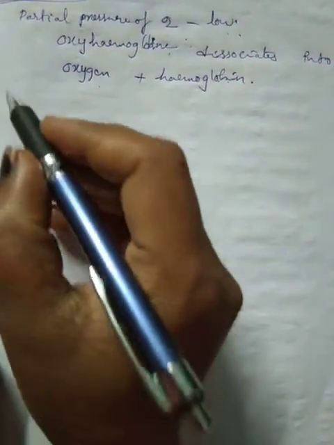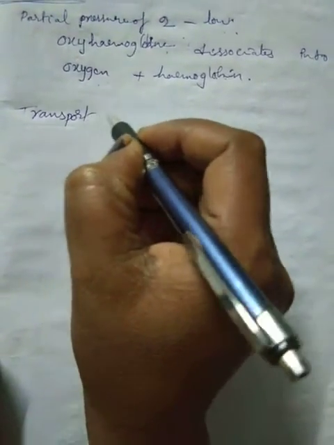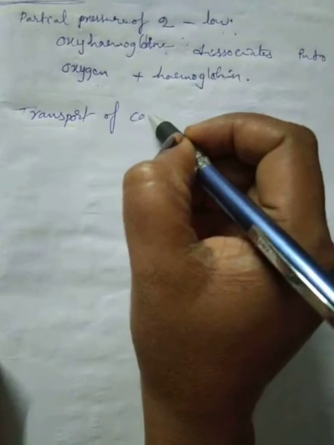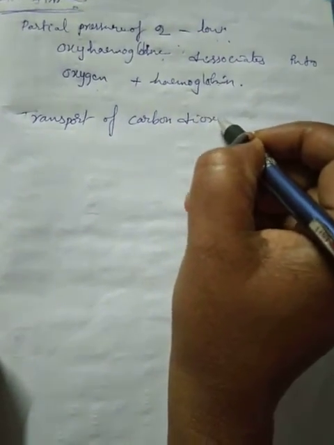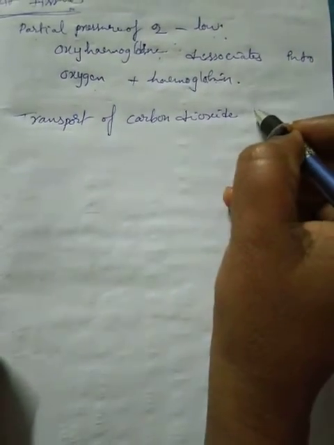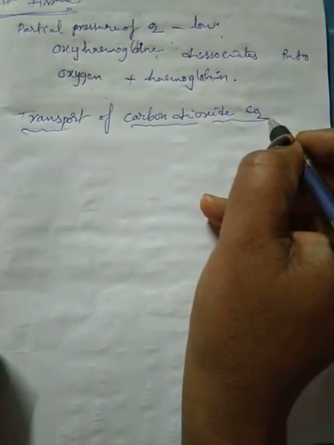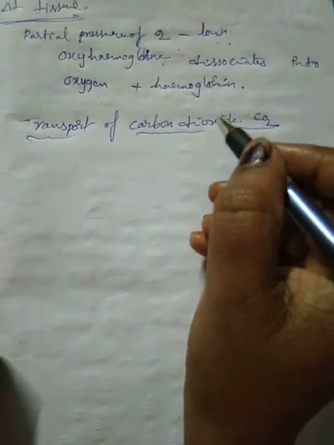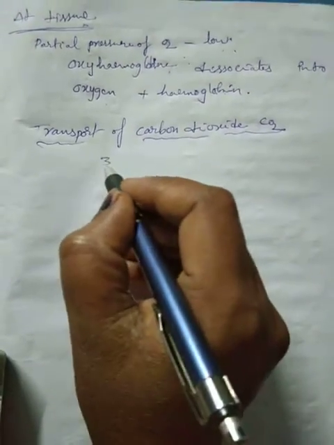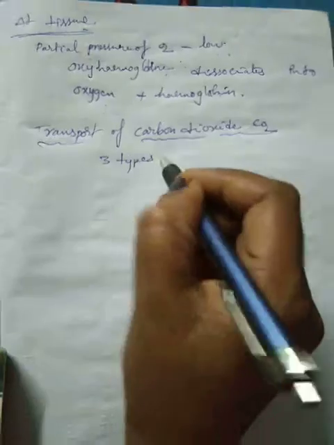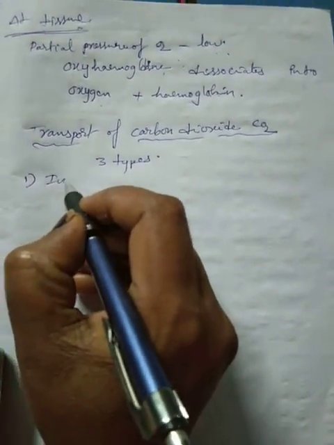And next one, transport of carbon dioxide, CO2 transport. Mainly CO2 is transported in three ways. First, in dissolved state.